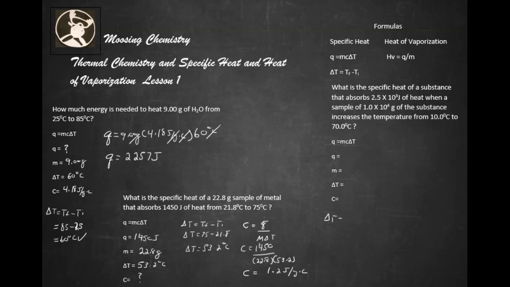Our delta T, remember, equals T final minus T initial. So delta T is going to equal our final temperature, 70 degrees, minus our initial temperature, so our delta T is equal to 60 degrees C.